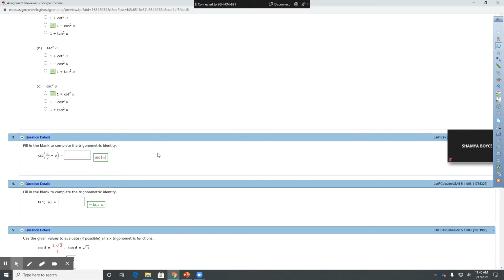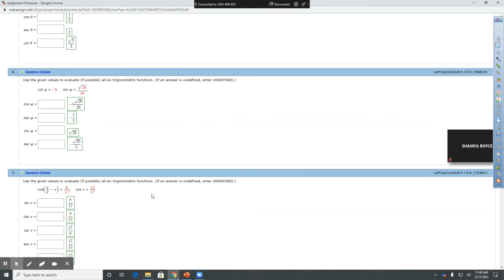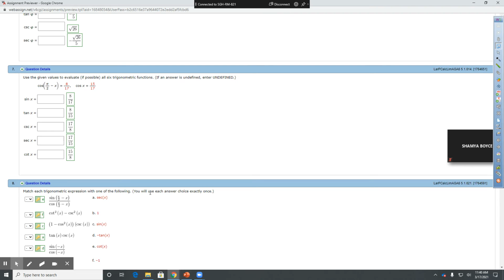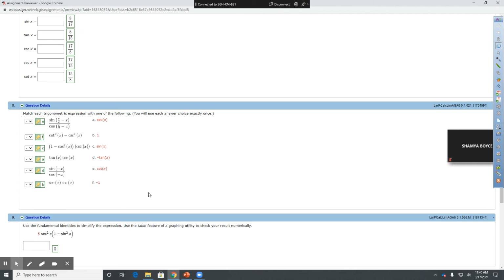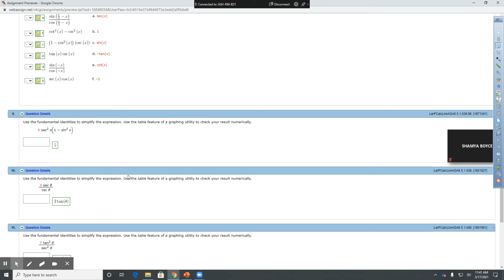There's the identities. You just fill in based off looking at the identity. And then the rest of it looks like it is just comparing identities, asking us to simplify. Now, here's one that we probably need to go over.